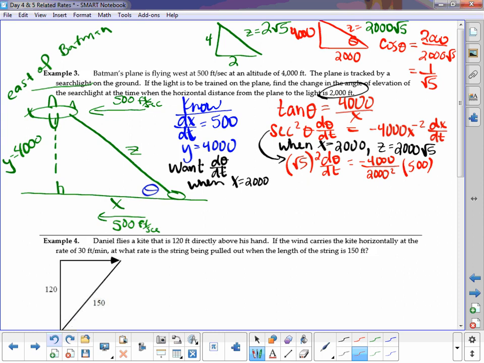Again, if you were required to do this by hand, I would think of this piece here as negative 4,000 times 500 over 2,000 times 2,000. Squared is just the same thing as times itself. Then it's a little bit easier to lop off zeros.